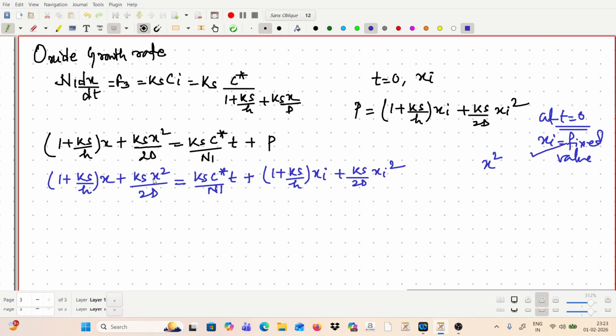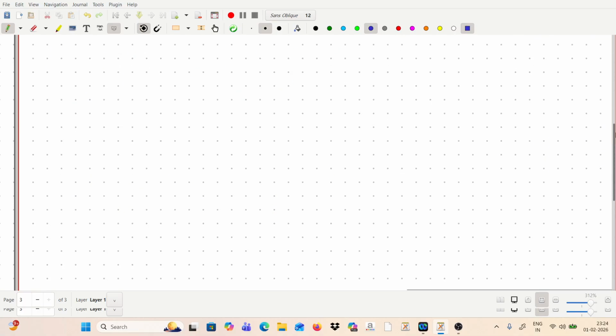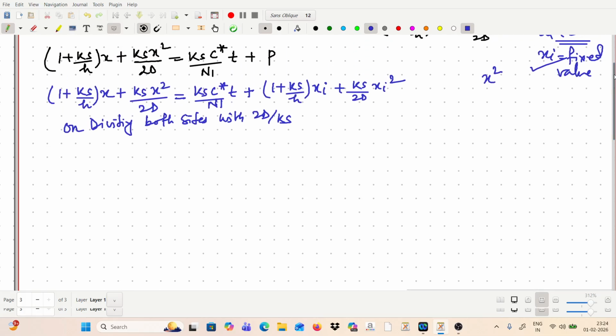So now x square is there, so we have to focus on x square. If we multiply both sides by 2d by ks, what expression will we get?